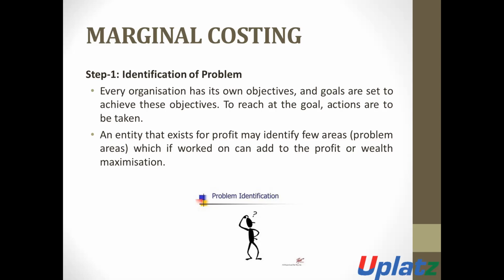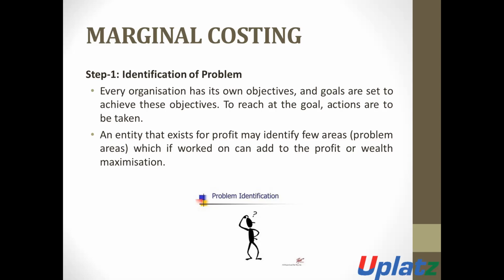And when the entity identifies the problems, then the entity can take the proper actions to solve all these problems. And when all the problems are solved by the entity, then the entity can earn profit and gain profit and wealth maximization.